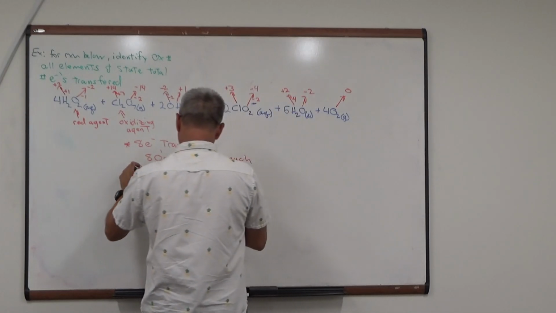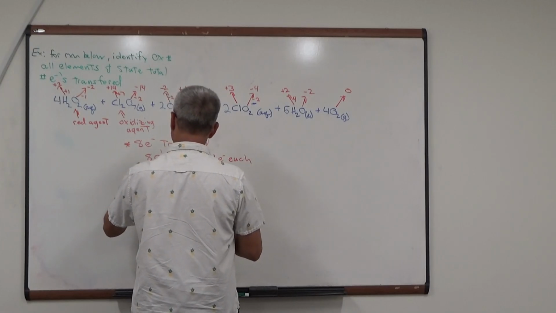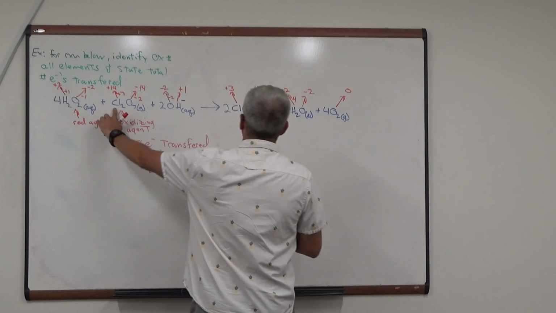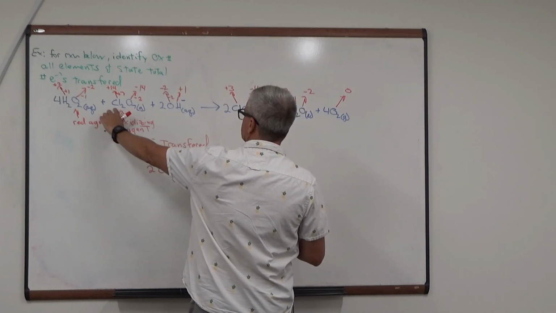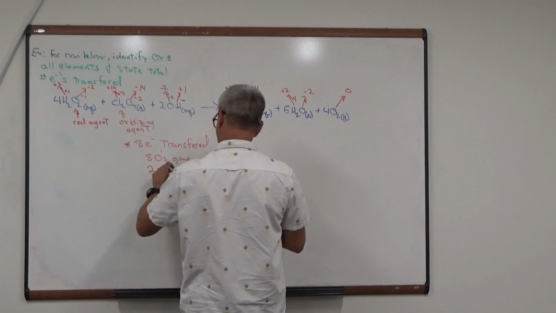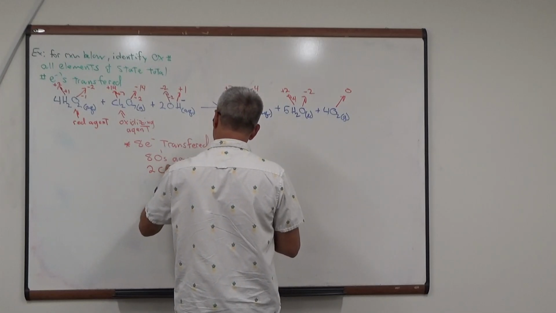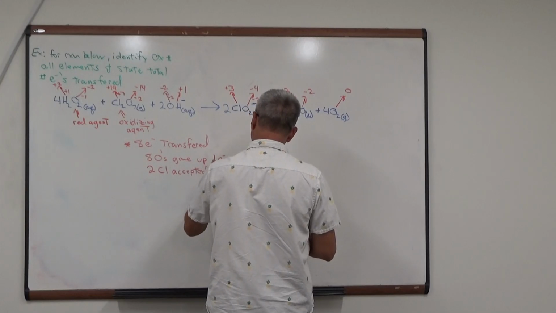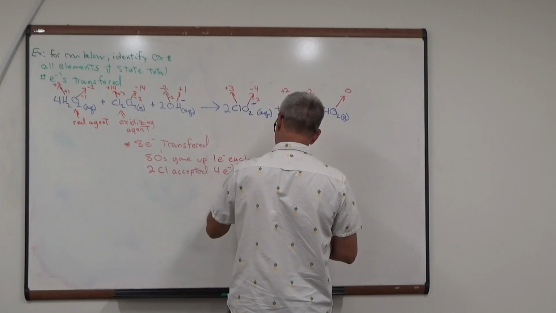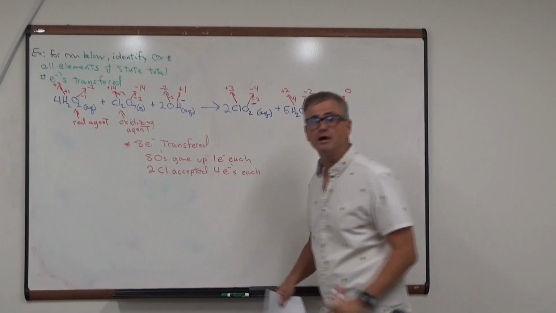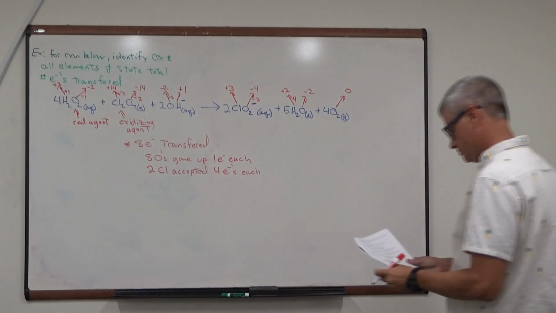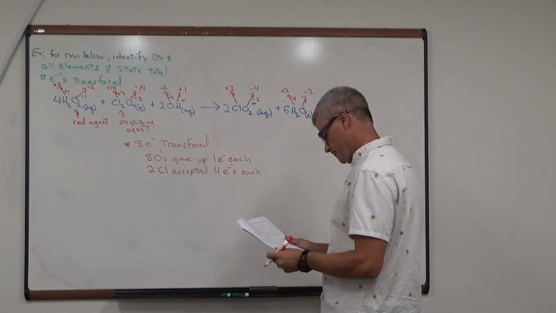And then 2 chlorines. There were 2 chlorines here, and each chlorine accepted 4. Okay, you want to make sure these match up. The number of electrons accepted equals the number of electrons given up.